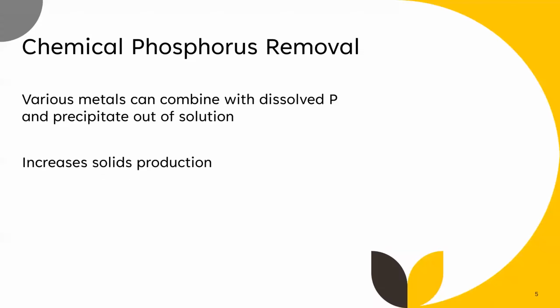Chemical phosphorus removal does lead to pretty significant increases in solids production. So if you're considering it and you already are pushing the limits of your solids processing and storage, keep that in mind. It may not be the way to go, or you may need to up your game on that. Chemical phosphorus removal is typically pretty reliable and predictable.